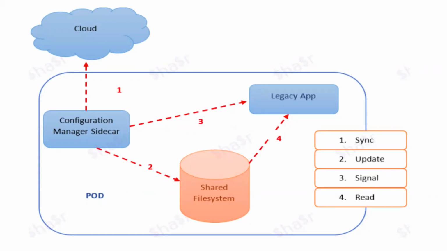This configuration manager syncs the latest configuration from the cloud and updates the file system. Then it gives a signal to the legacy app saying there is a configuration change, and the legacy app reads from the shared file system. This way, any configuration changes can be managed independently from your legacy application. So this is another example.